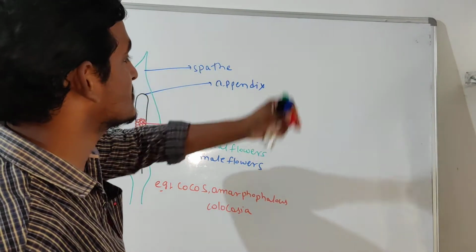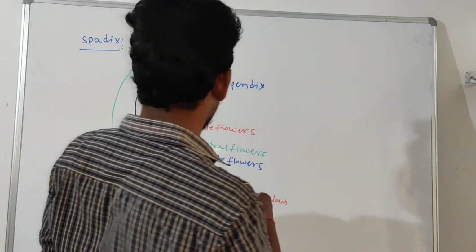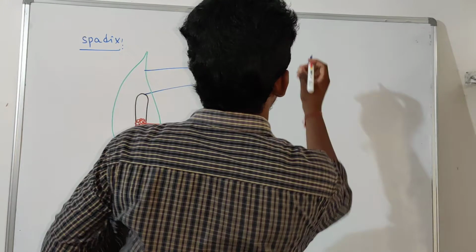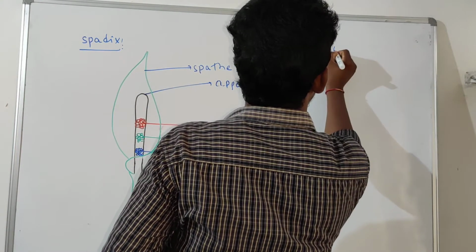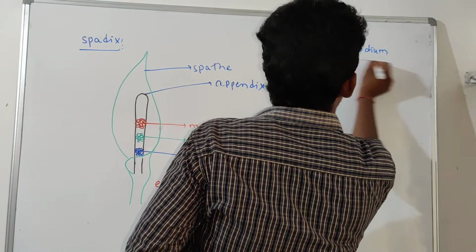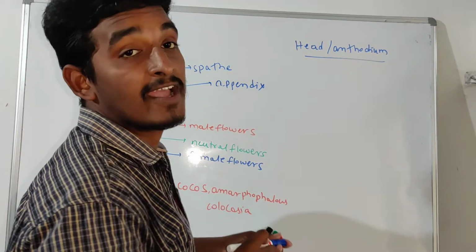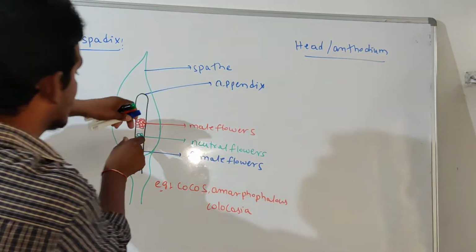So next we will discuss another inflorescence, that is the head or anthodium inflorescence. Head inflorescence is also called anthodium. So what about head inflorescence? In head inflorescence, the peduncle is not long and thick.